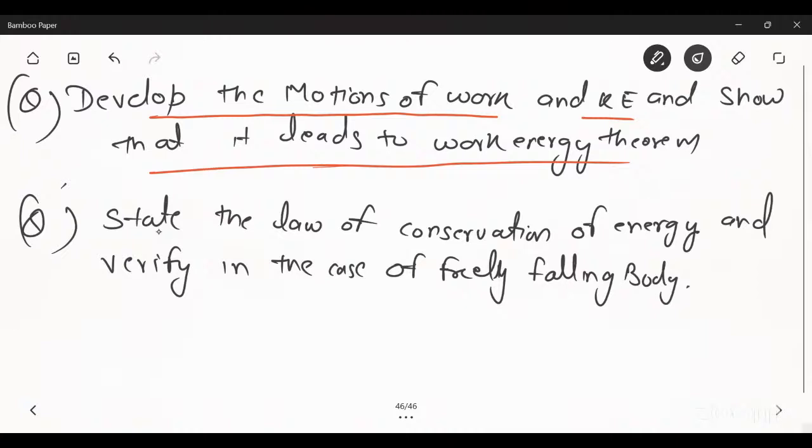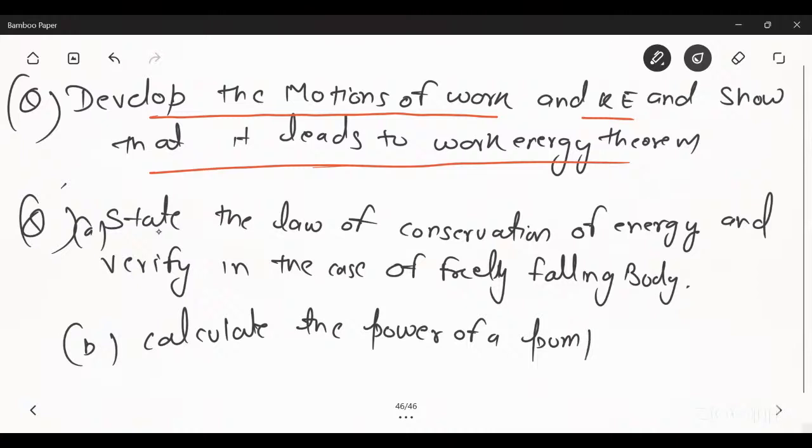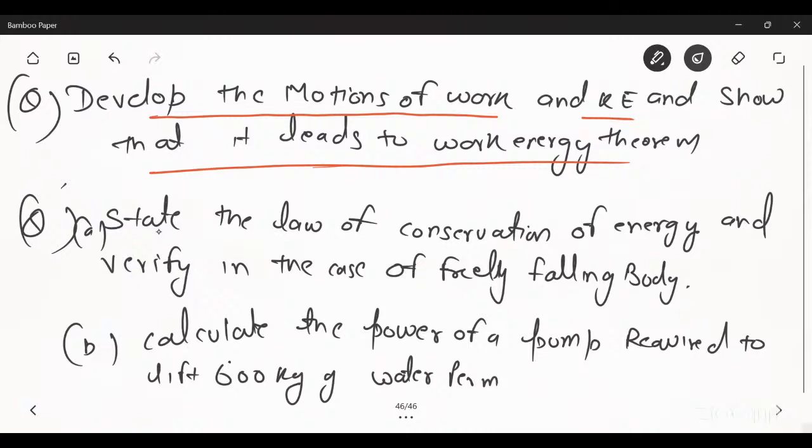Okay. First part I have discussed earlier, and now second part is: calculate the power of a pump required to lift 600 kg of water per minute from a well of 25-meter deep.